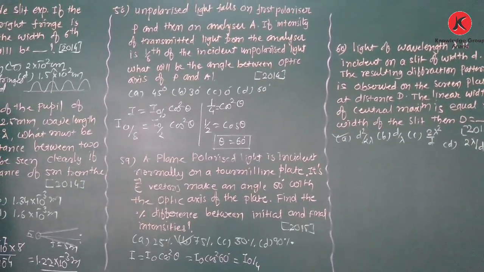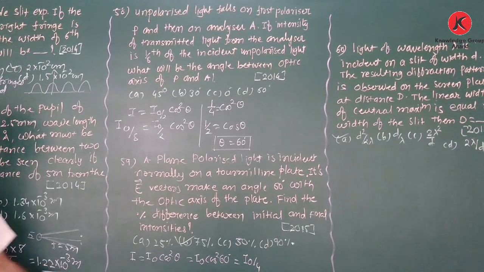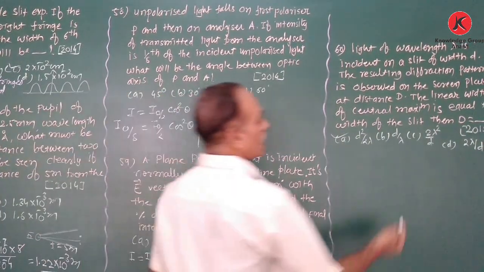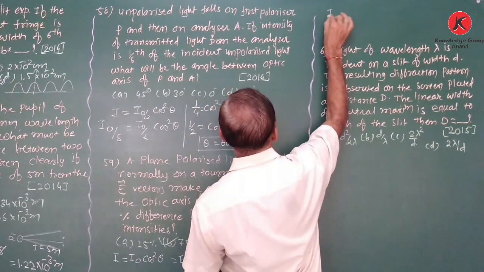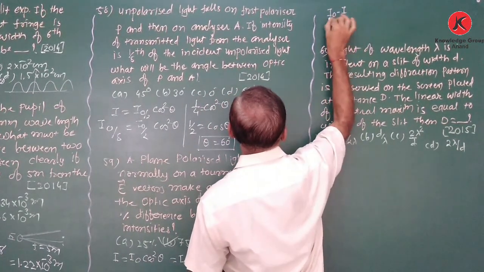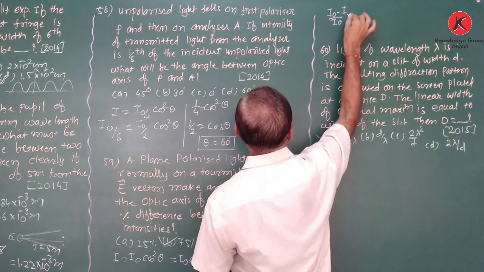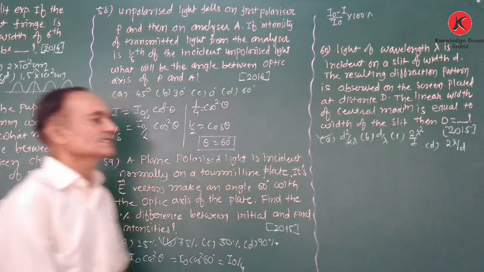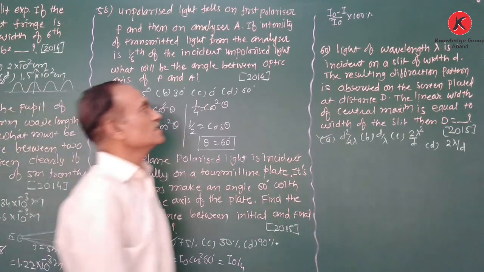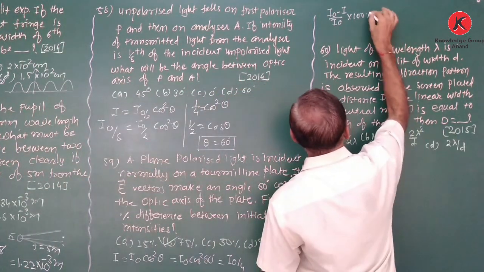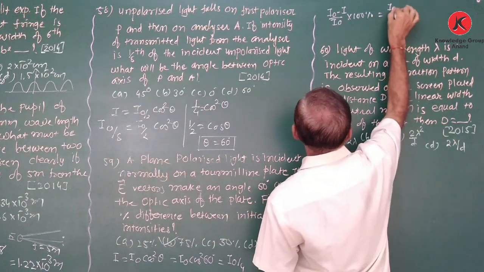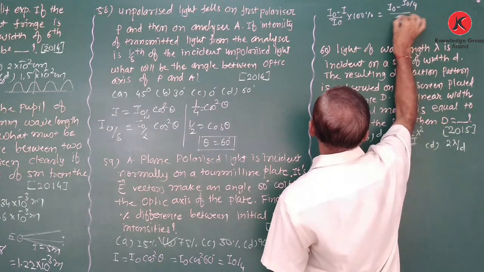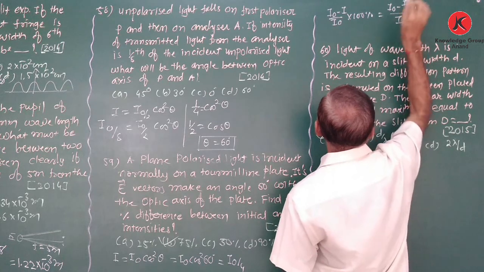Now we require the percentage difference between the initial and final intensity. Therefore, initial minus final upon initial, multiplied by 100, is the percentage difference. So it is equal to I0 minus I, which is I0 by 4, upon I0.